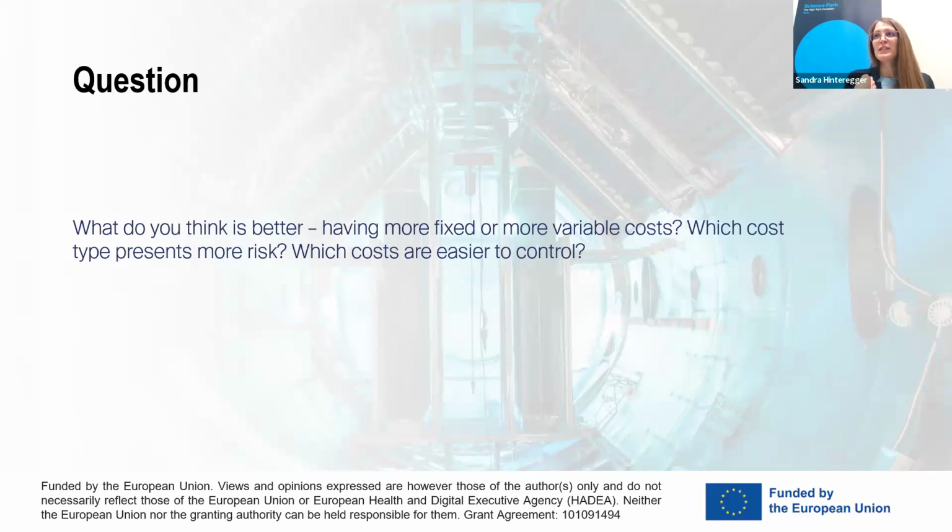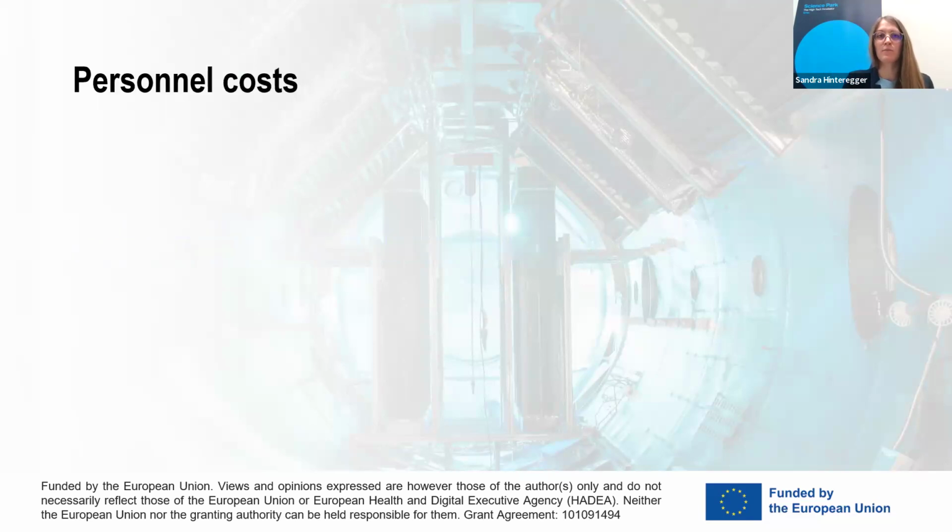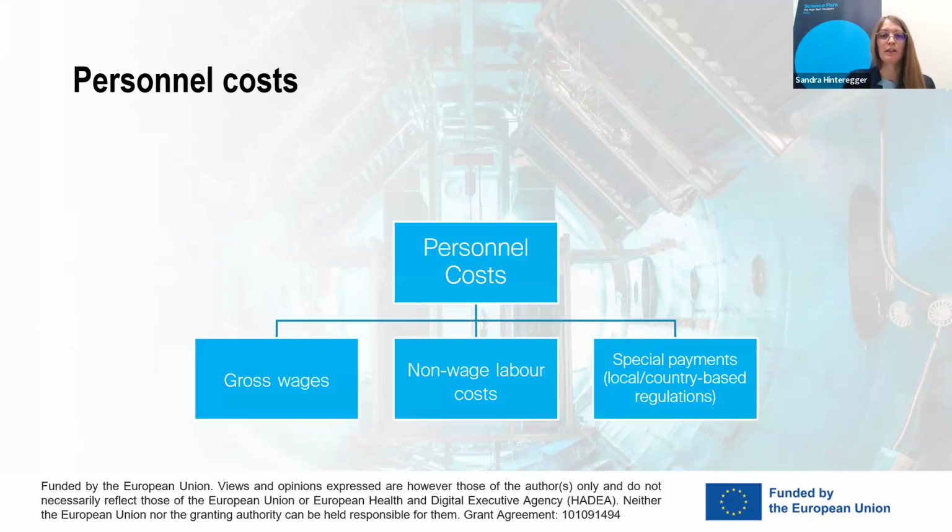Now I also want to discuss two very important cost categories where we often see misunderstandings, and therefore we want to make you aware of a few things. With regard to personnel costs, it's very important to consider that they are not only the gross wages you pay to your employees.